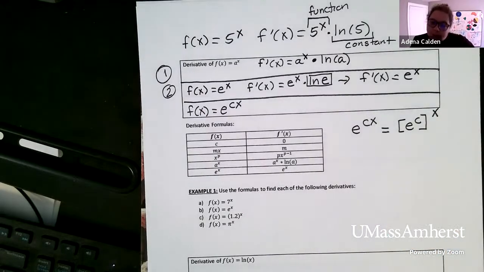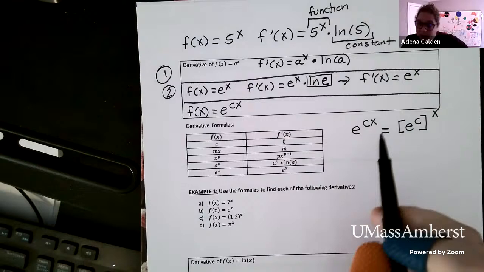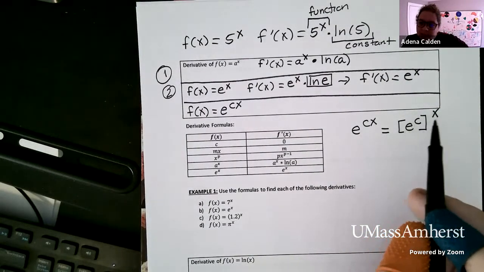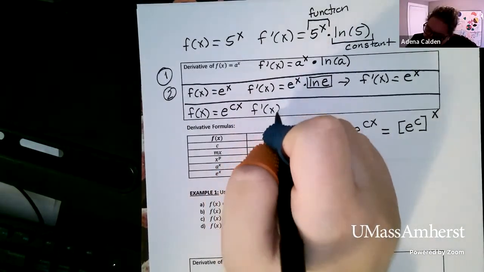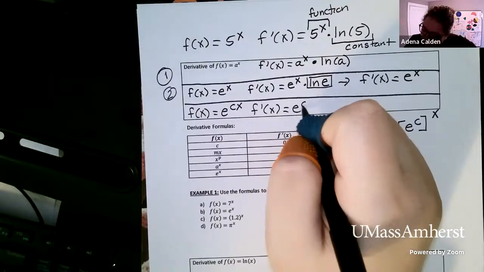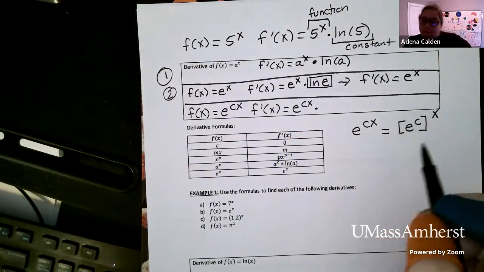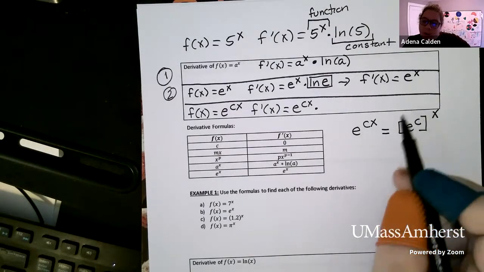So you can also separate them, which means if we want to take the derivative of this, e to the c is the base and x is the power. The general rule says you get the same thing back, so e to the cx, times the natural log of the base. The base is actually e to the c, the whole entire number.